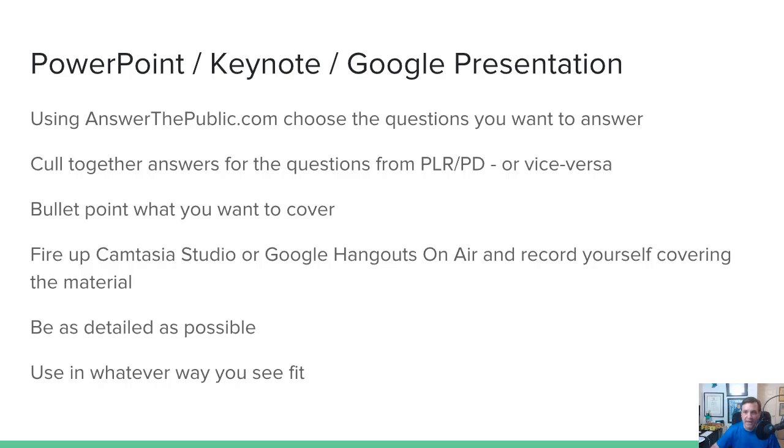And then once you've done that, I like to bullet point out what I want to cover. Now, I'm giving you a perfect example of how to do that through this very presentation, because that's what I did for this presentation. Each slide had something that I wanted to say, generally speaking, about whatever is in the headline up here, right?